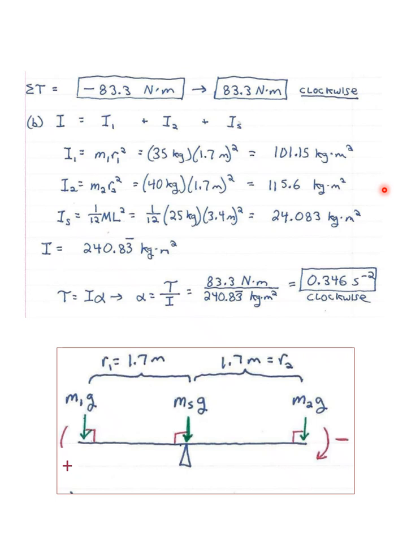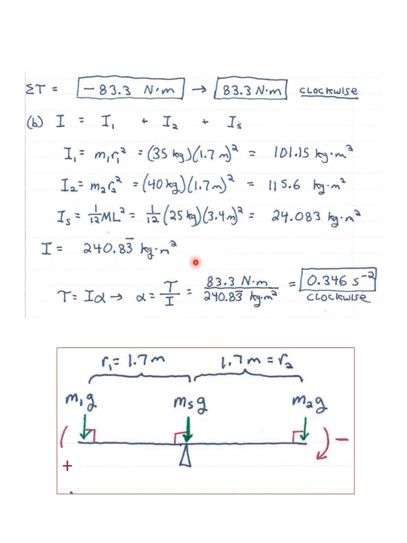We also have to account for the seesaw itself. Now the seesaw can be taken approximately as a rod that's being rotated about its center. And you can look that up in chapter 8. There's a table in chapter 8, a rod rotated about its center. The moment of inertia is 1/12 m l squared. So 1/12 of 25 kilograms times its length of 3.4 meters, we're going to square it, and we get 24.083 kilograms meters squared.